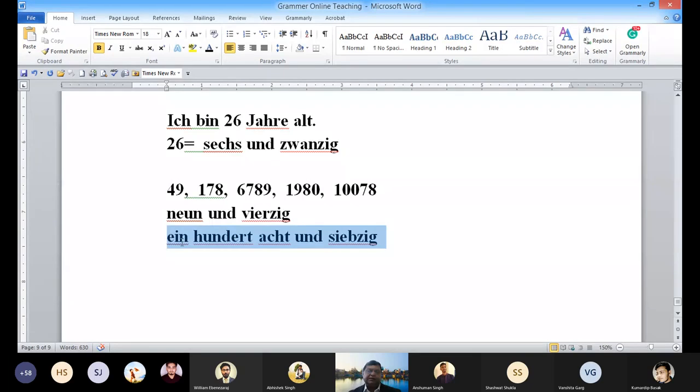Similarly, here 6789. Here 1000 is coming. So first you have to read 6000. What will be 6000? Sechs tausend. 1000, okay.